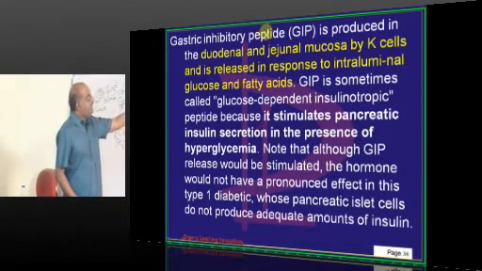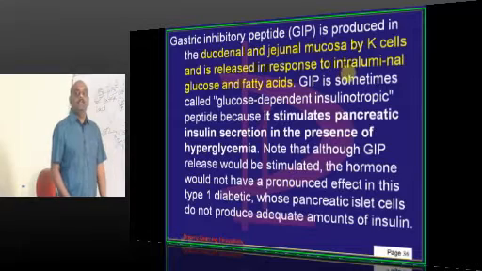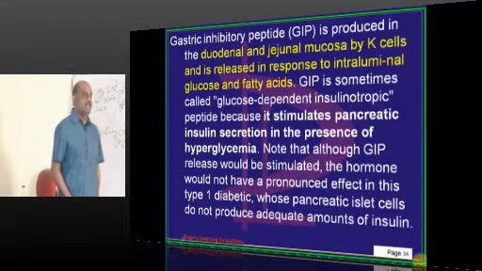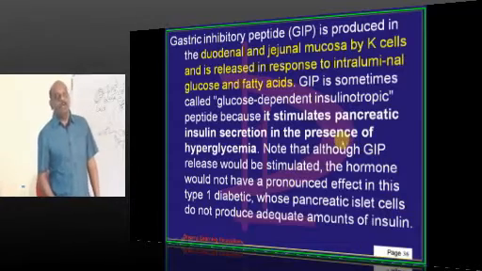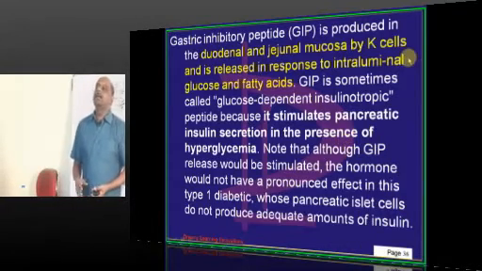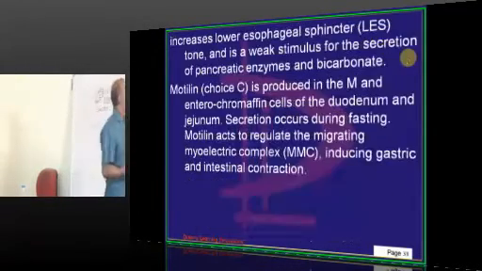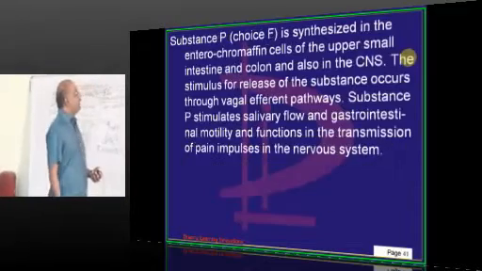It is this gastric inhibitory peptide which basically goes and stimulates the insulin release. Hence it is also called glucose dependent insulinotropic substance, which is the other name given for that.